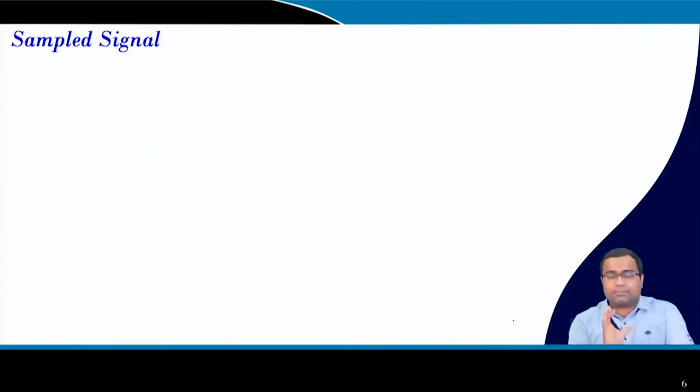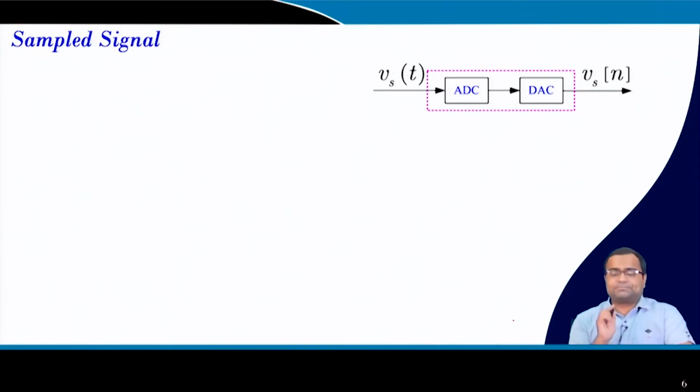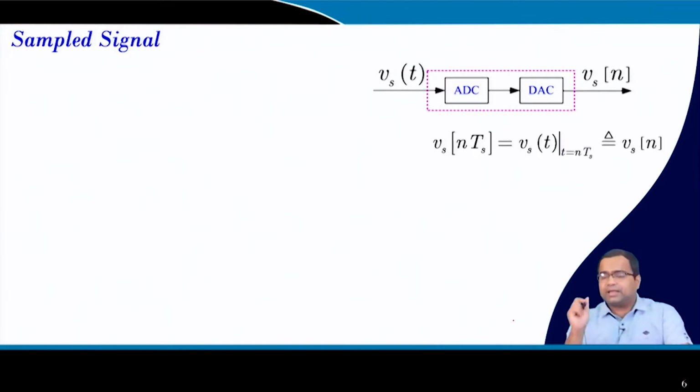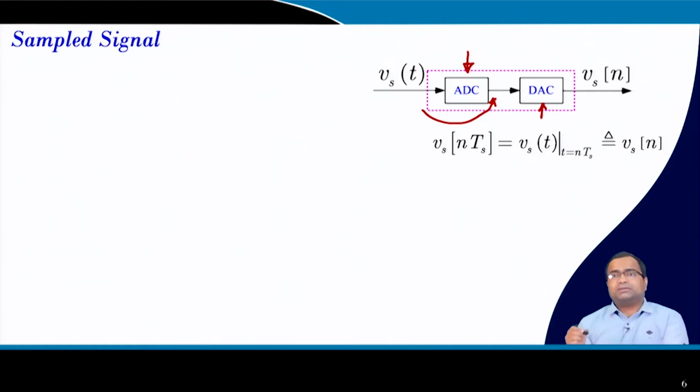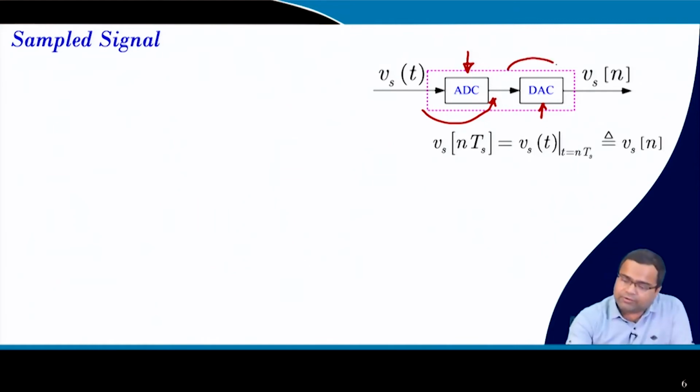Now, we have talked about a periodic signal. Suppose this periodic signal is passed through an A to D converter, an ADC, followed by a D to A converter. That means, first we are discretizing the signal, converting from analog to digital, and then converting from digital to analog.